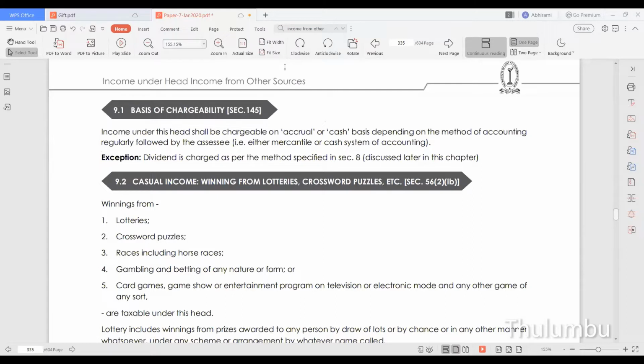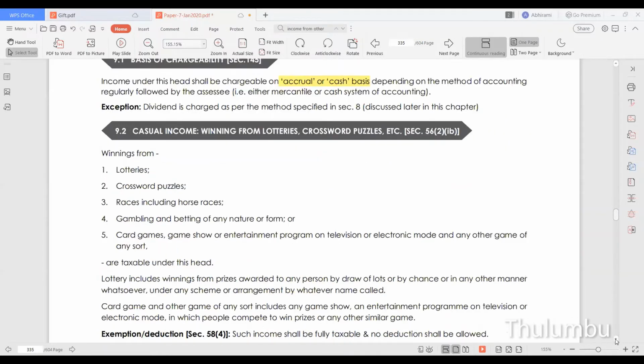So basis of chargeability, it is taxed either on cash or accrual basis. So casual income in this important, so you can expect question from this.